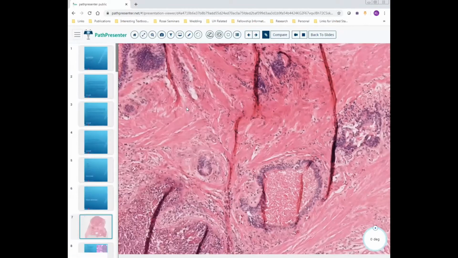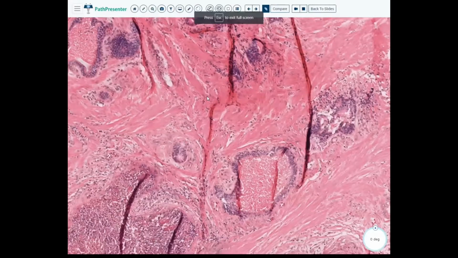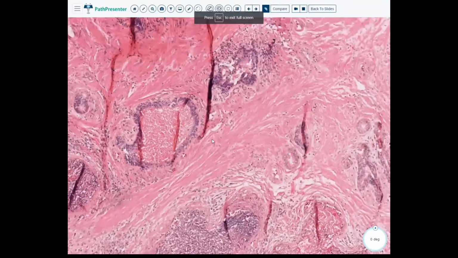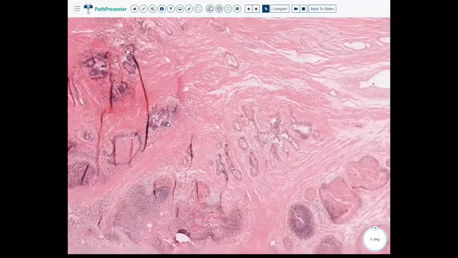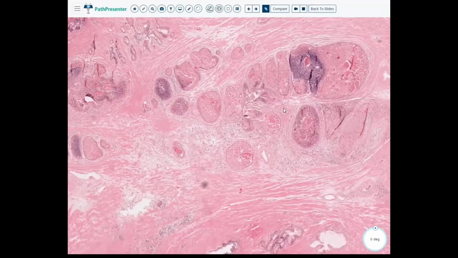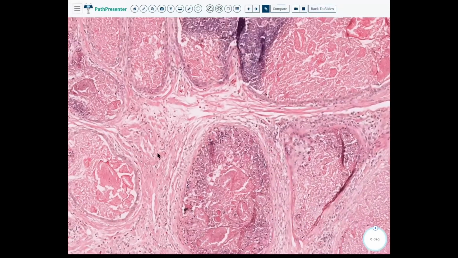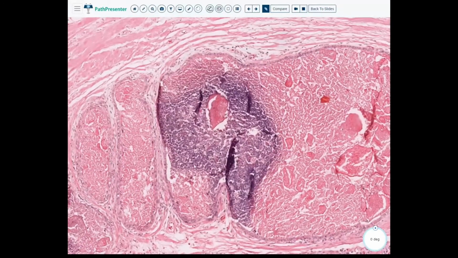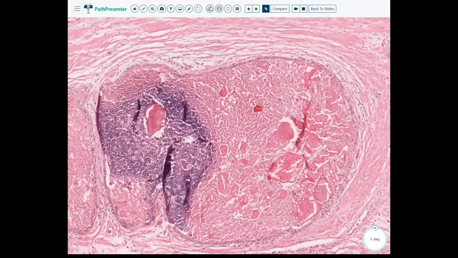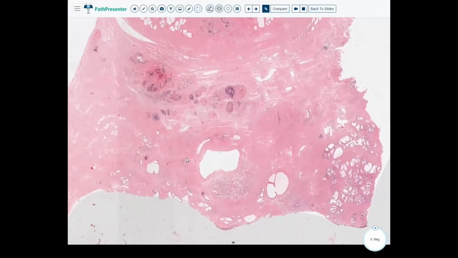But these glands are a little more simple. And this is just more like cellular debris, for a multitude of reasons.